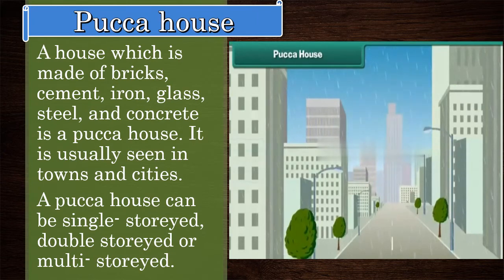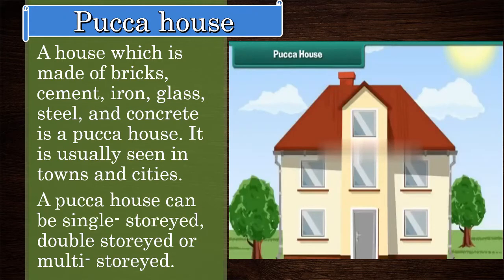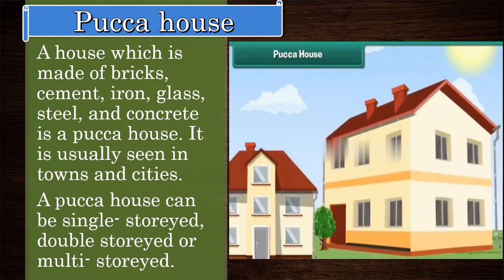A pakka house can be single-storied, double-storied or multi-storied. Some of the single-storied houses are called bungalows. Okay? So a house which is made up of bricks, cement, iron, glass, steel and concrete is a pakka house. Okay?